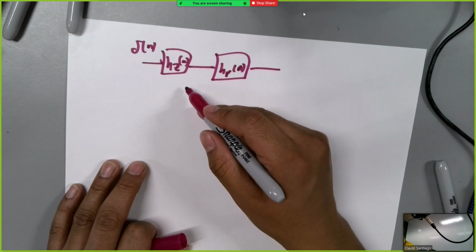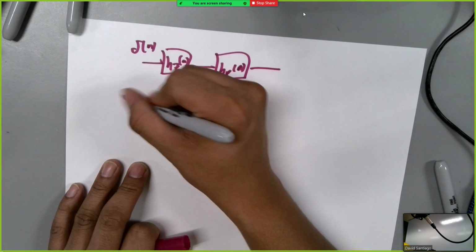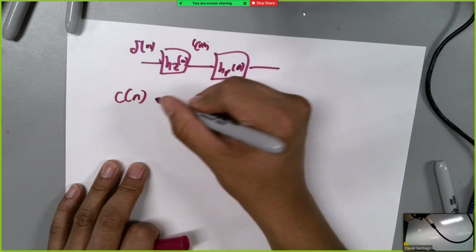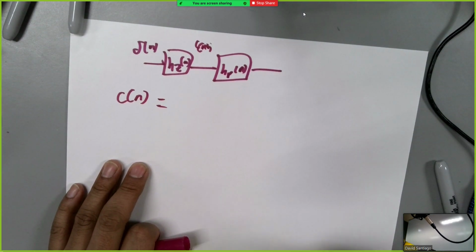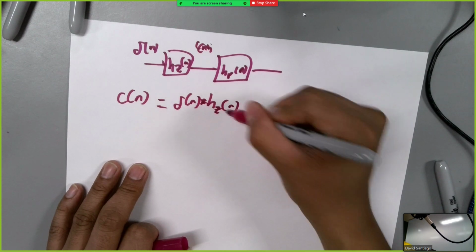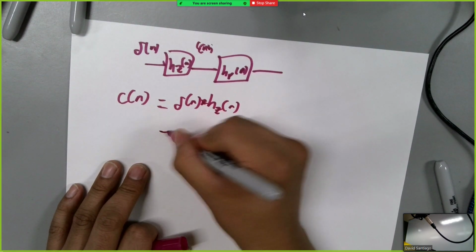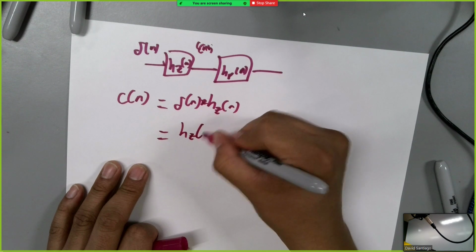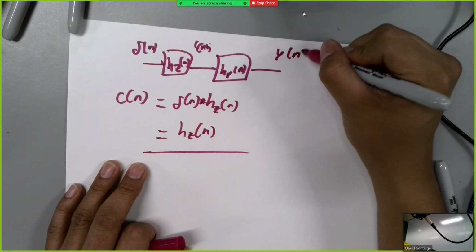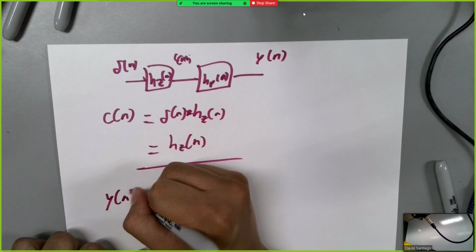Come on, it's chapter 3. Convolution. C of n. What's C of n equal to? What's that equal to? Done. Now what's y of n equal to?